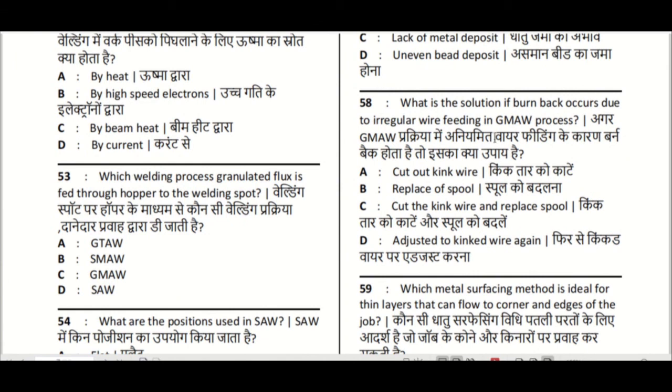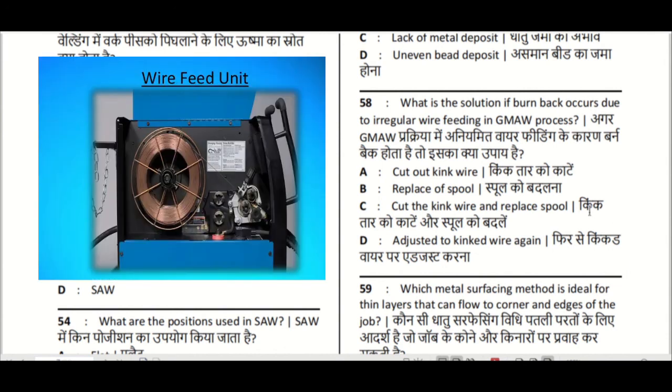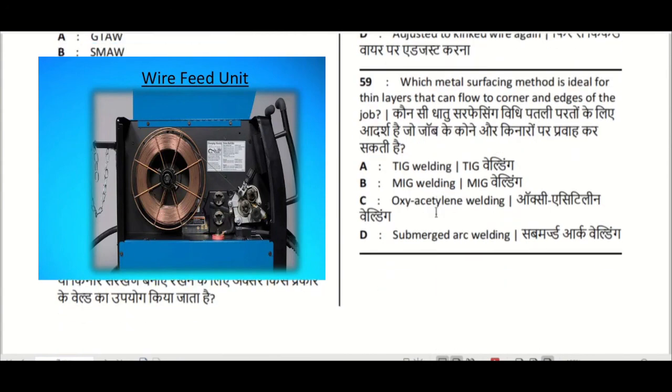What is the solution if burn back occurs due to irregular wire feeding in gas metal arc welding process? Cut the nicked wire and replace the spool.